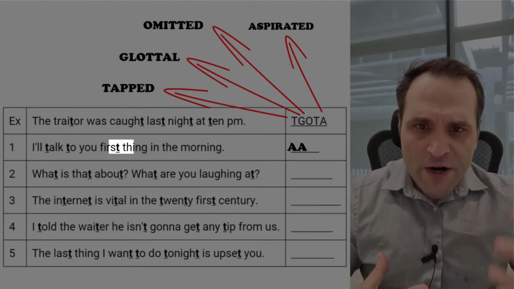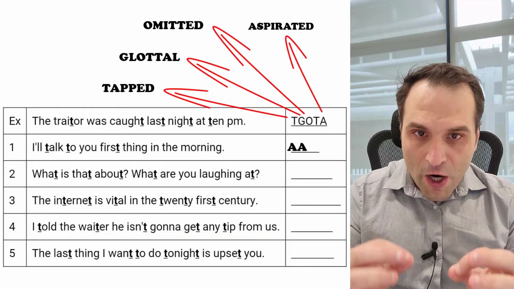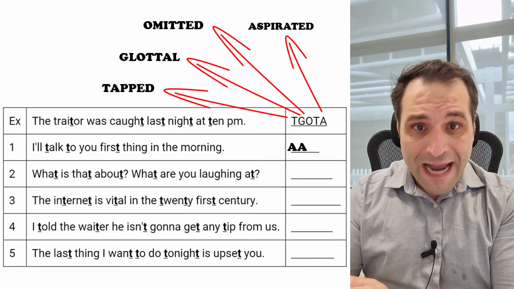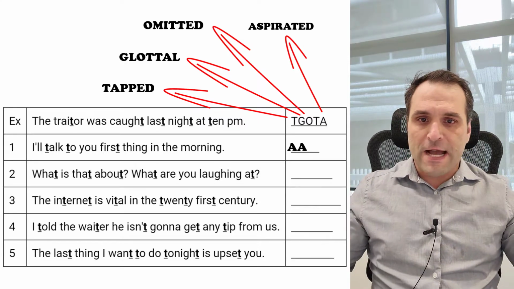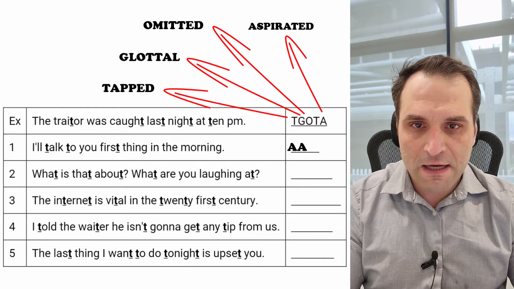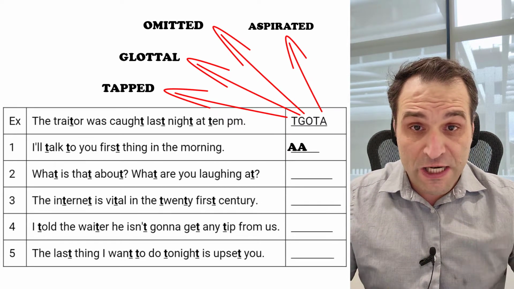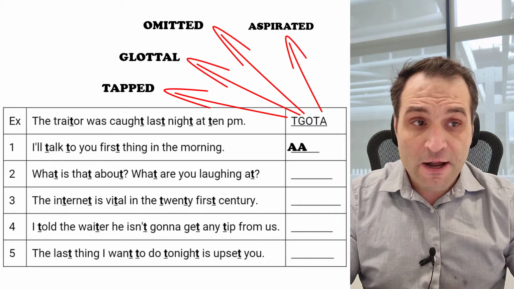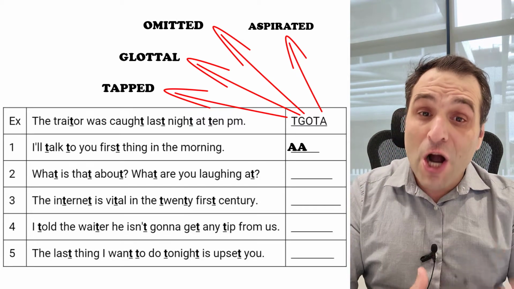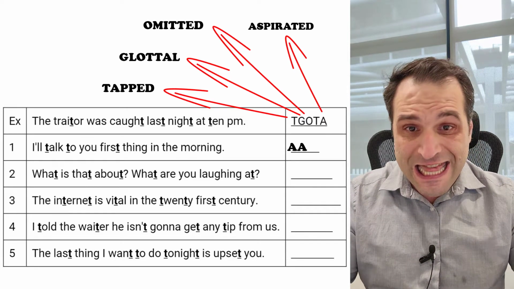It's hard to pronounce the T before TH when it's after S. So in that situation, I'm just dropping the T. I'm saying "firs thing." That's it. Much easier. It's still hard, but it's not as hard as saying "first thing in the morning."